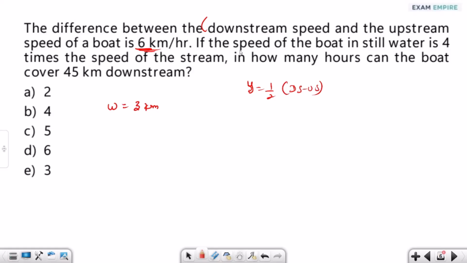Okay, next, if the speed of boat in still water is 4 times the speed of the stream, so water and boat is 1:4. If this is 1, 4 will be like speed of boat will be 12 km/h. So in how many hours can the boat cover 45 km downstream? So downstream speed is water plus boat, which is 15. So 45 by 15, answer will be 3 hours.